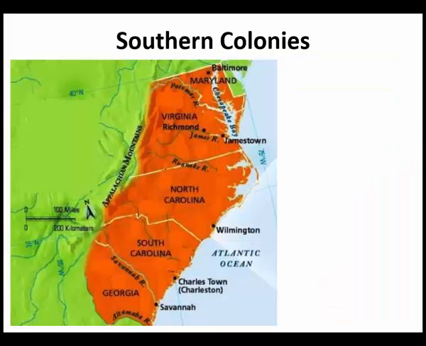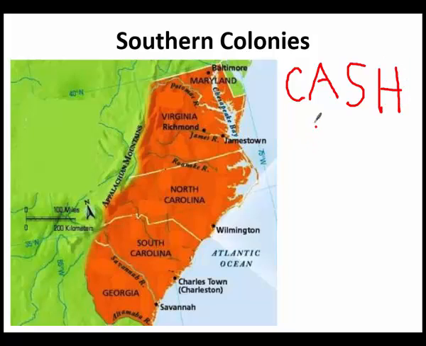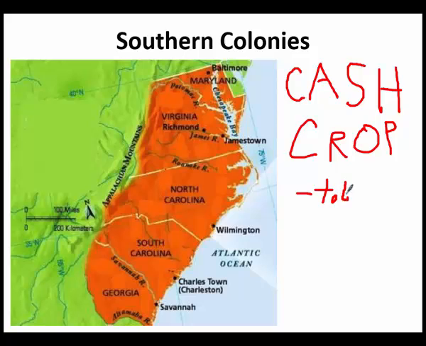The last region that you see developing alongside the others is the southern colonies. And the southern colonies were exclusively, and I'm going to put this in all caps, they were cash crop producers. And that means early on tobacco, but eventually, especially after the invention of the cotton gin by Eli Whitney, and we're going to learn about that again, especially cotton eventually.